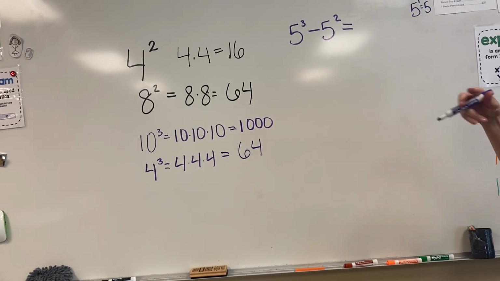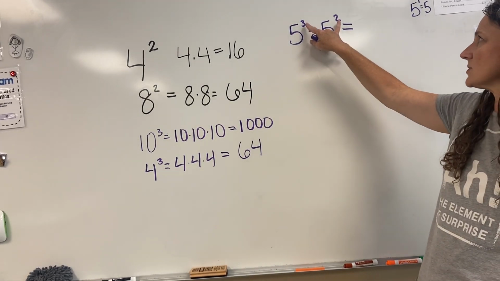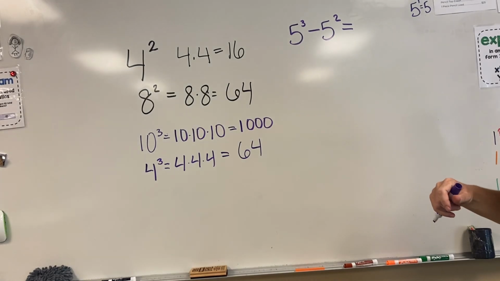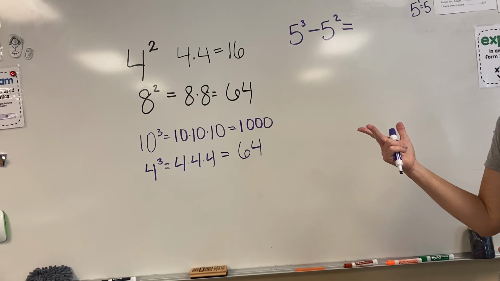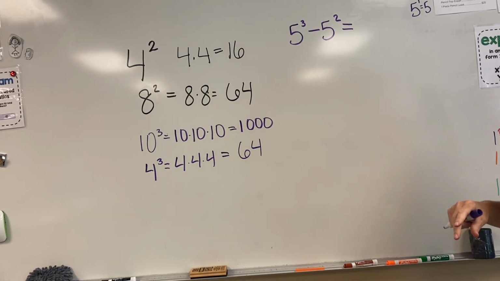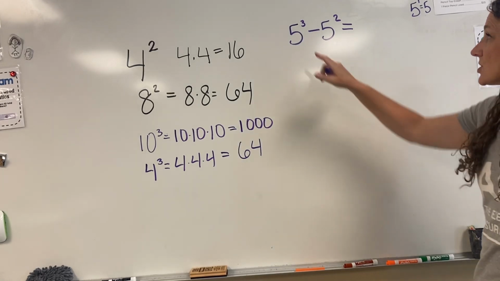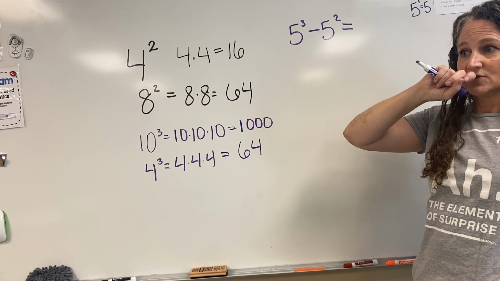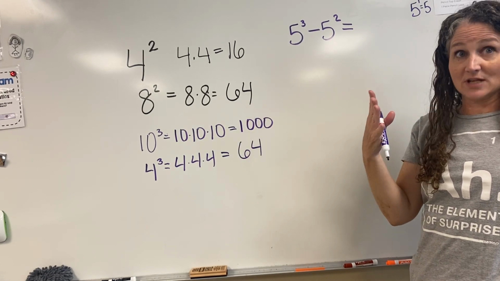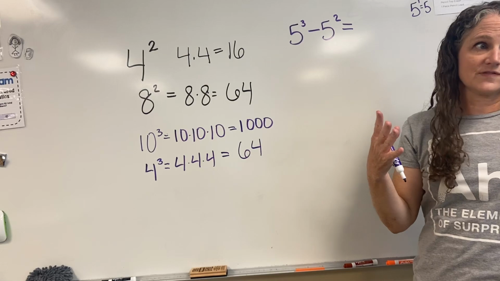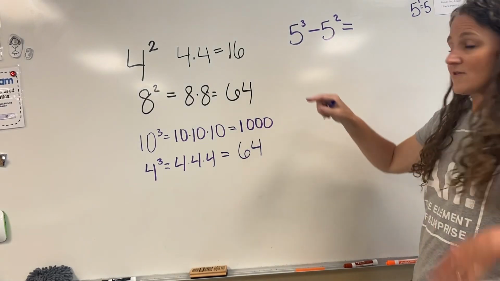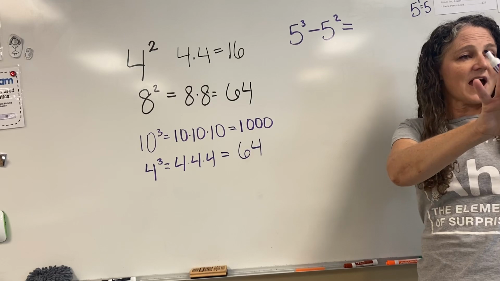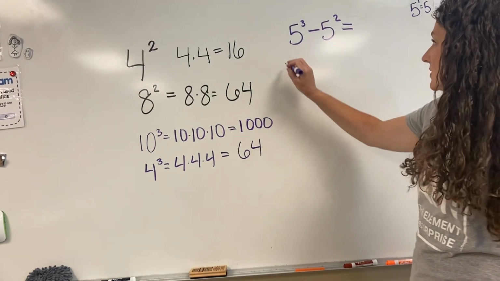Well, let's do it. So PEMDAS. Kessler brought up PEMDAS because the question is, do we subtract first or do we do the exponents first? PEMDAS says parentheses first. Do I have parentheses? No. So what do I do next? Exponents. So what is 5 to the third power? It's not 10, that's 5 times 2. It's also not 15, because that's 5 times 3. So it's 125. 5 times 5 times 5 is 125.